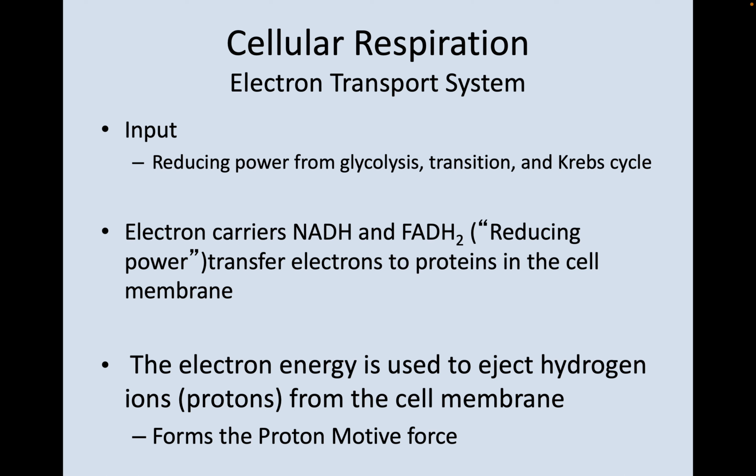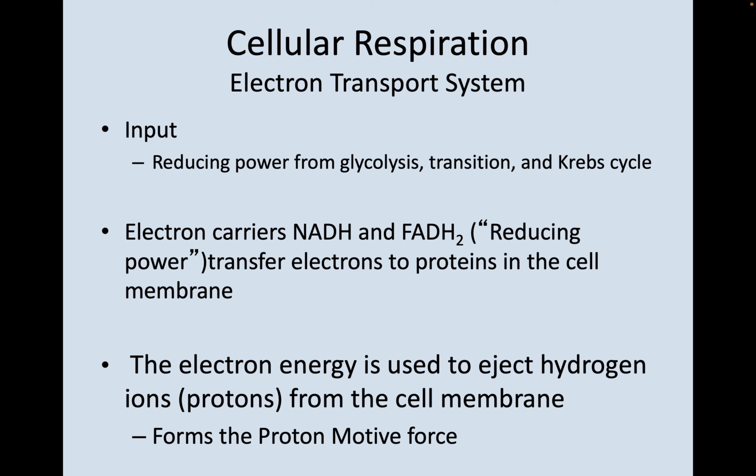All right, the next step is the electron transport system. And the input for this is the reducing power from glycolysis, the transition, and those Krebs cycle reactions. Electron carriers NADH and FADH2 have reducing power. They transfer electrons to proteins in the cell membrane.